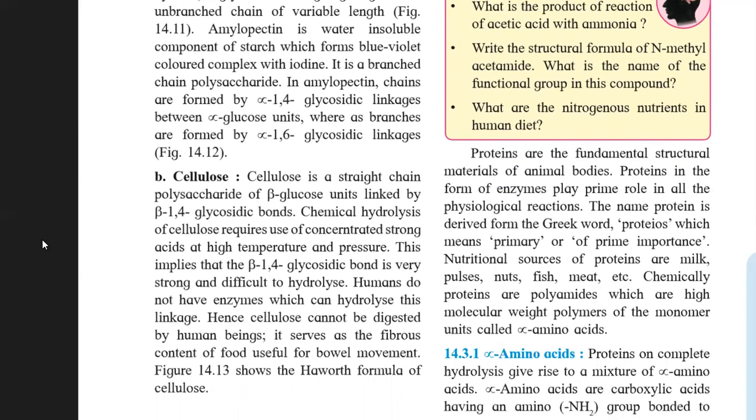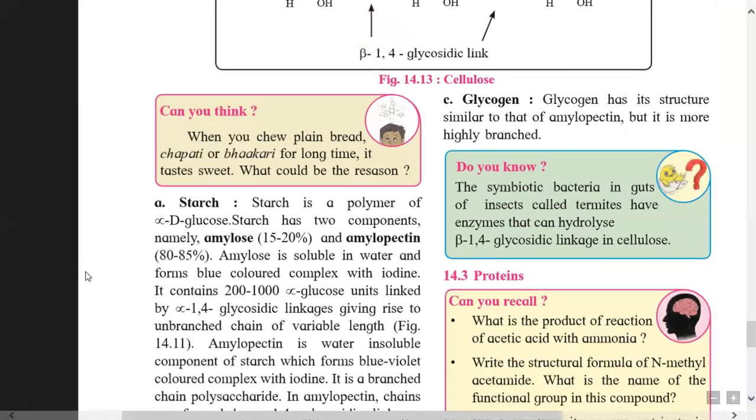It is the beta 1,4 glycosidic linkage that cannot be hydrolyzed by humans because the enzyme is not present in the human body. Hence, cellulose cannot be digested by human beings. It serves as fibrous content of the food, useful in bowel movement. So this is the Haworth projection formula for cellulose we had studied.